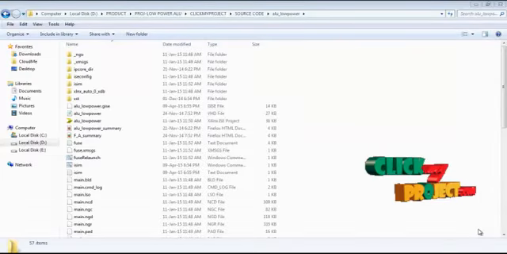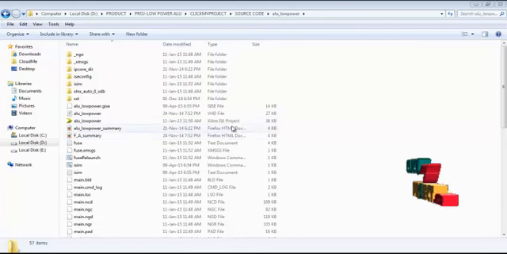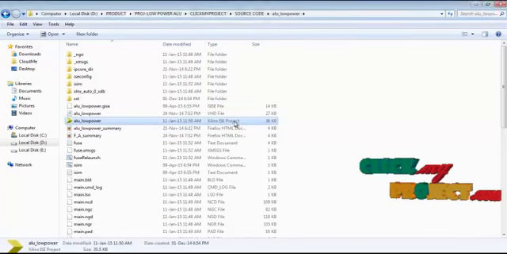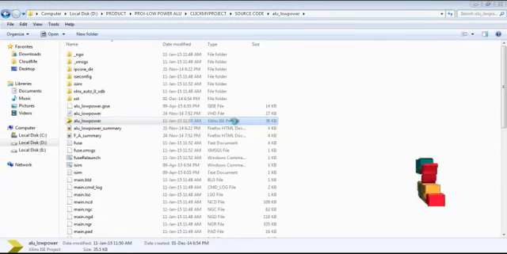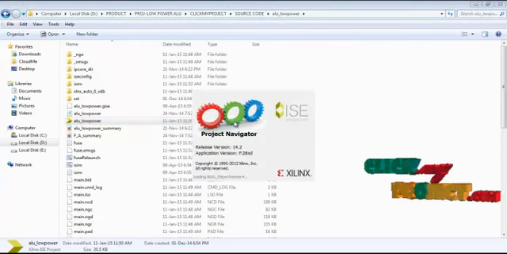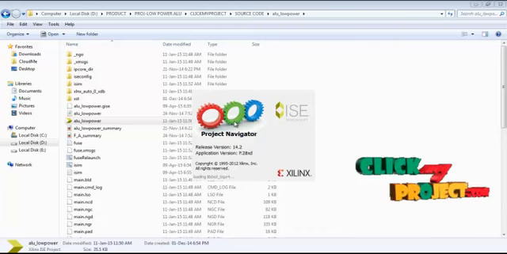Next we will see the final output for the product. First we open the Xilinx ISE project for the ALU low power architecture. Our ALU low power architecture was developed in the VHDL language.